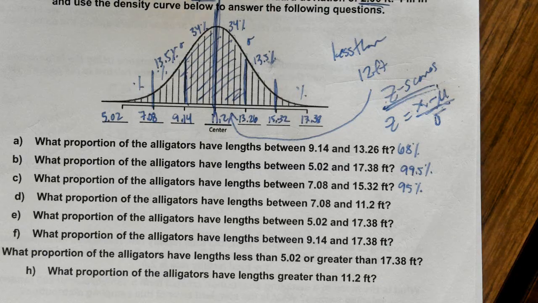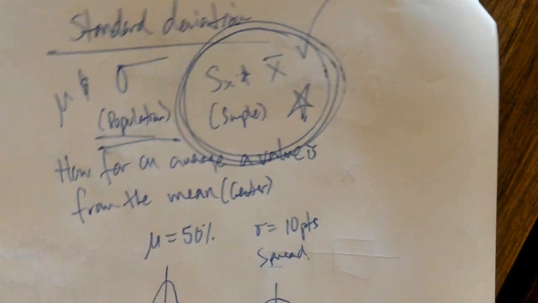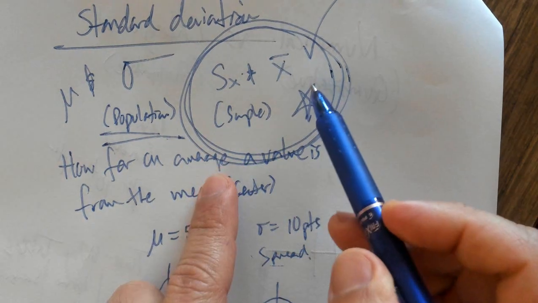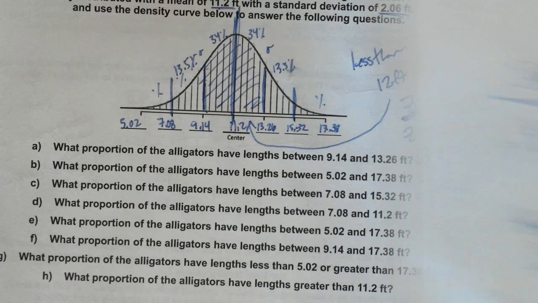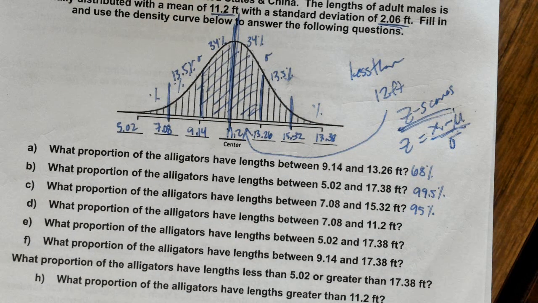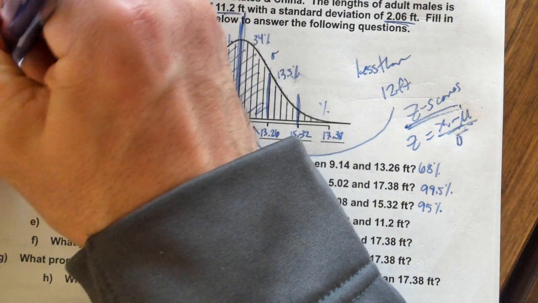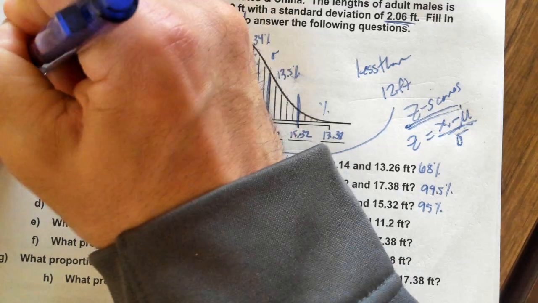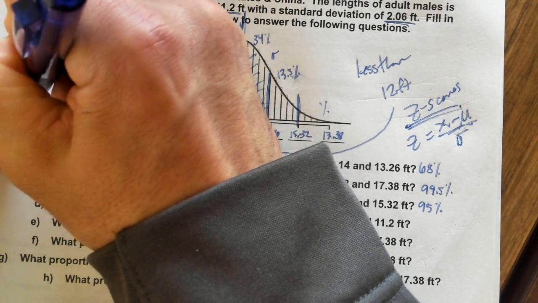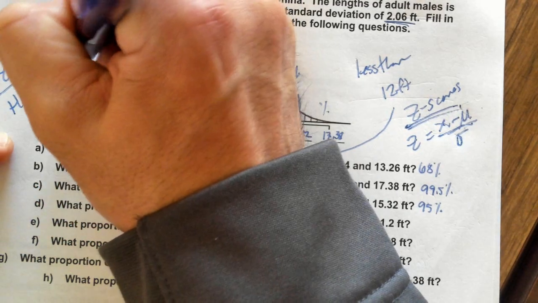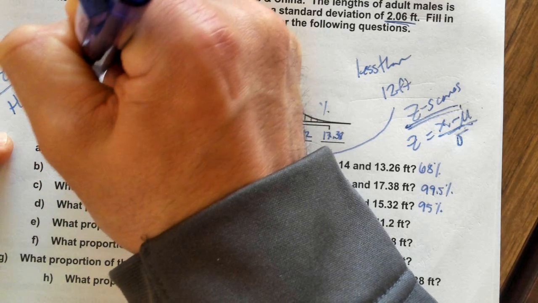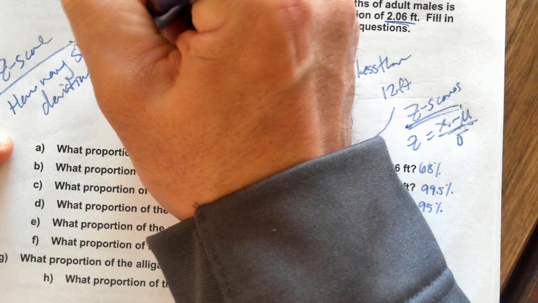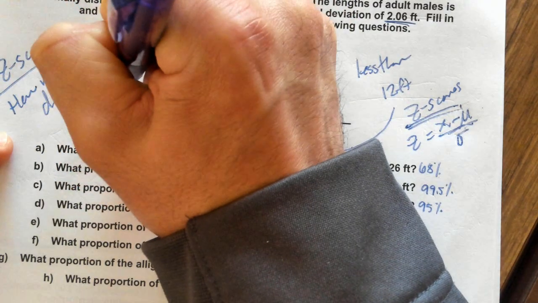So one standard deviation tells us how far that one value is from the center. A z-score represents how many standard deviations you are from the mean.